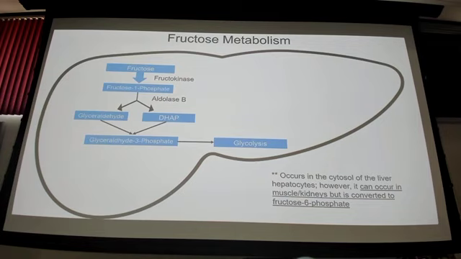Aldolase B will convert that into the 2 3-carbon compounds, glyceraldehyde and DHAP, and those will be converted to glyceraldehyde 3-phosphate, which will enter the glycolytic pathway. And this occurs in the cytosol of the liver. So fructose is converted to glyceraldehyde 3-phosphate in the cytosol of the liver.